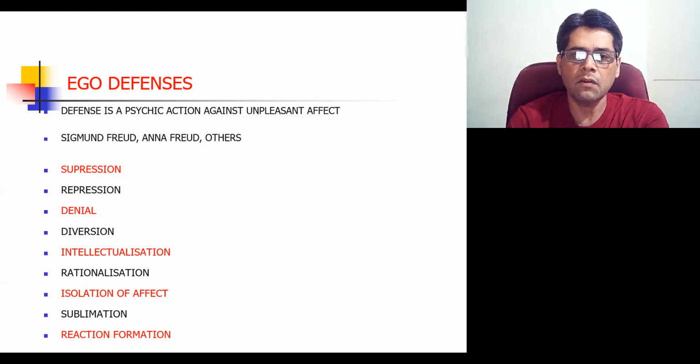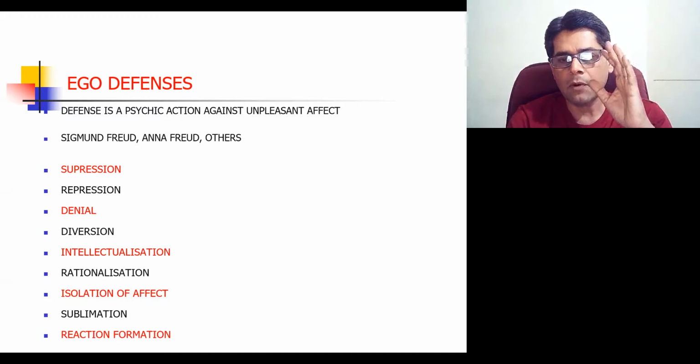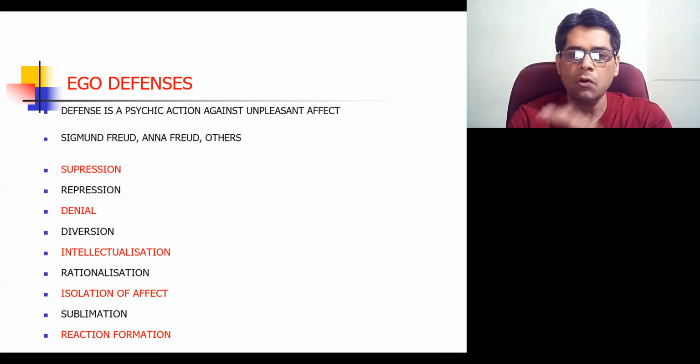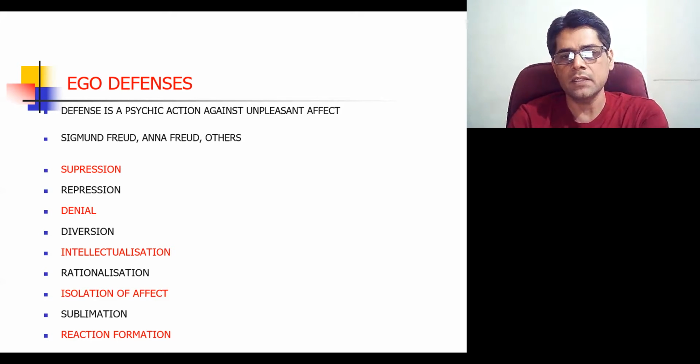These are the feelings we all wish to avoid, and the ego undertakes psychological actions so that these feelings are kept completely in the unconscious or as much as possible in the unconscious. And these psychological actions undertaken by the ego are called ego defenses.